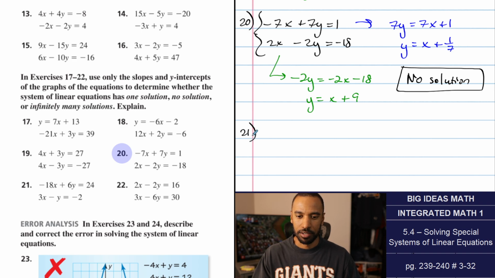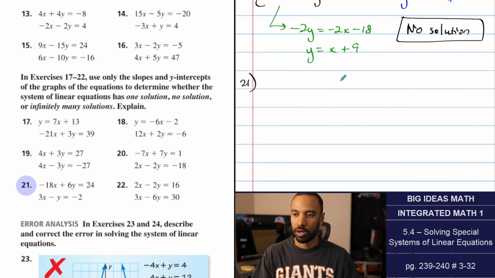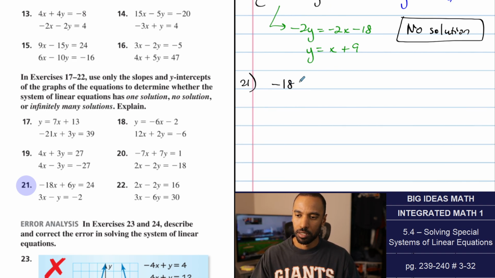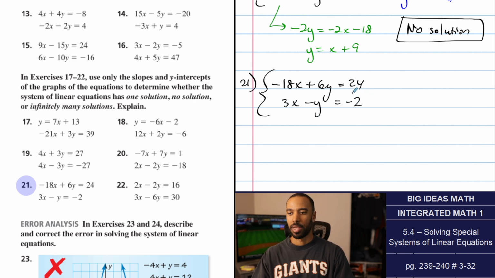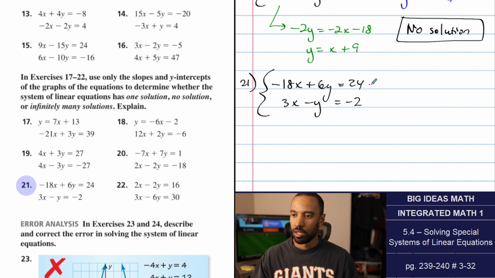Number 21. Negative 18x plus 6y equals 24, and x minus y equals negative 2. Okay, top equation. Add 18x to both sides.